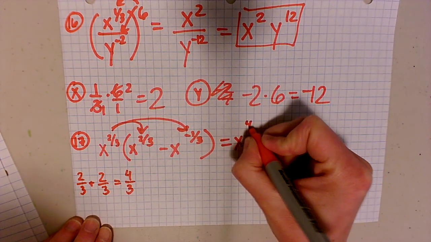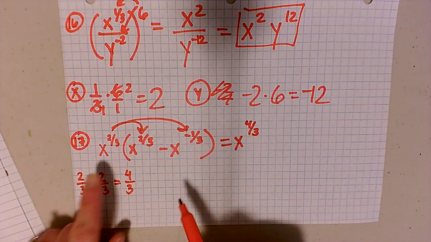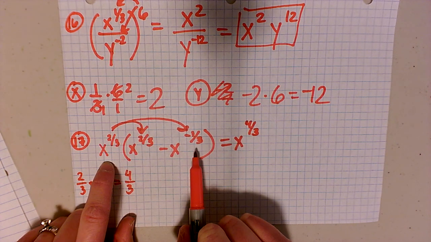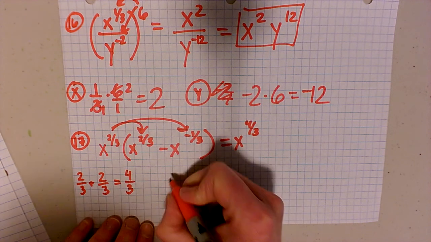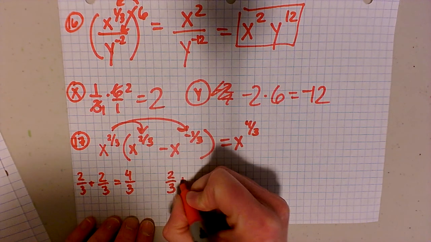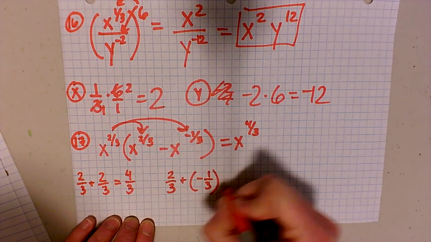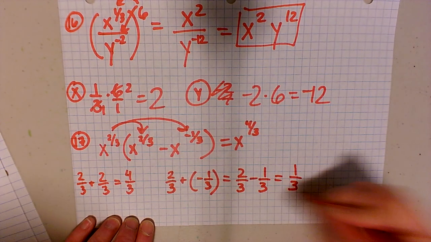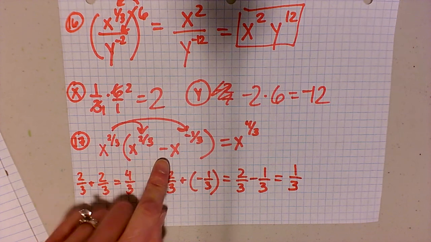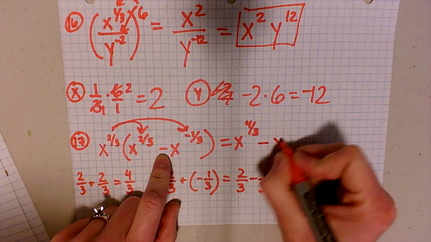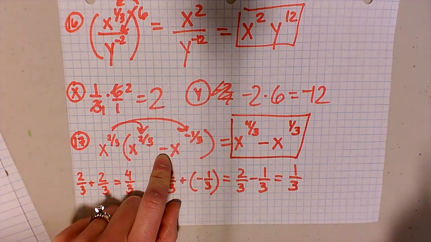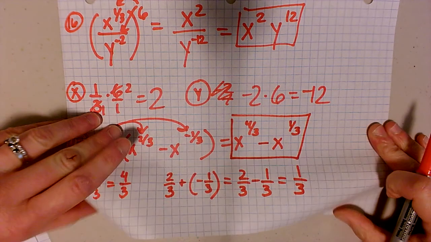So my first term, I would have x to the 4/3, and then if I take this x to the 2/3 and multiply it by this x to the negative 1/3 over here, I would add those exponents, and I would do 2/3 plus a negative 1/3, which would turn into 2/3 minus 1/3, which would just be a positive 1/3. So then, okay, this minus sign carries over, and I have minus x to the 1/3, and that's it. And then 18 is the last one.